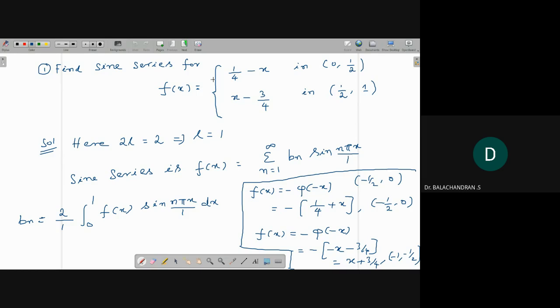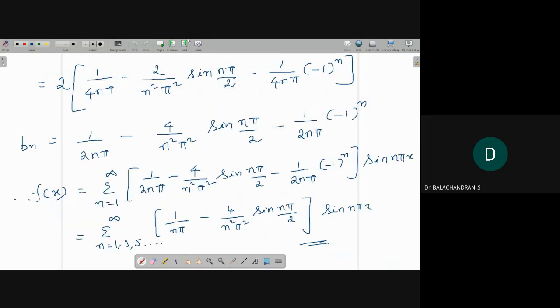The final answer is, you should write here Bn equal to 0 when n is even. Similarly, when n is odd, you know that this is actually minus 1 minus of minus, plus 1 by 2 pi plus 1 by 2 n pi. You'll get 2 times 2 divided by 2 n pi, you'll get 1 by n pi.